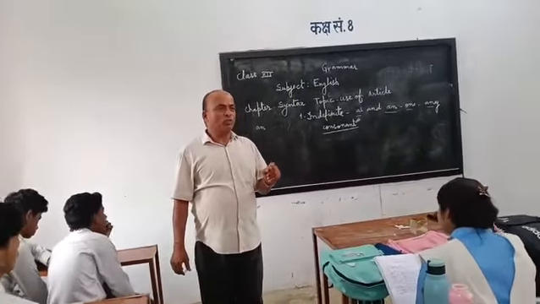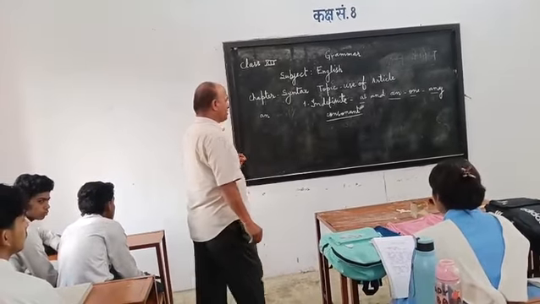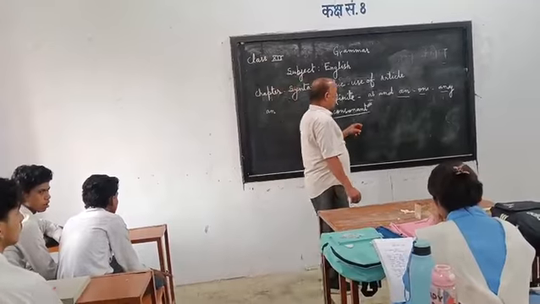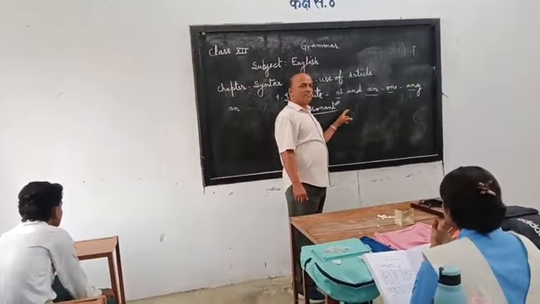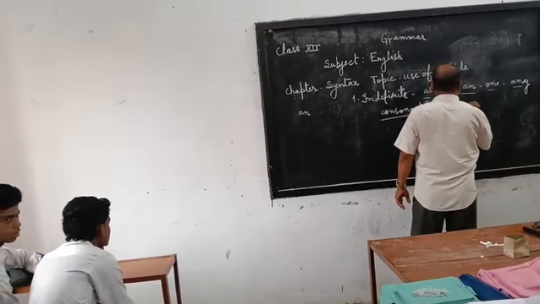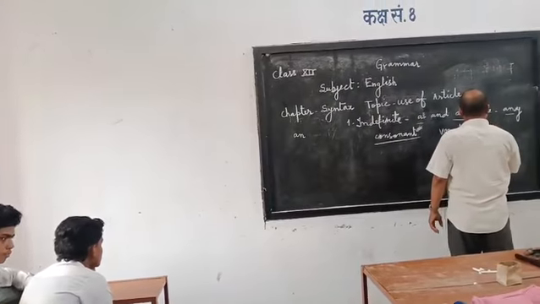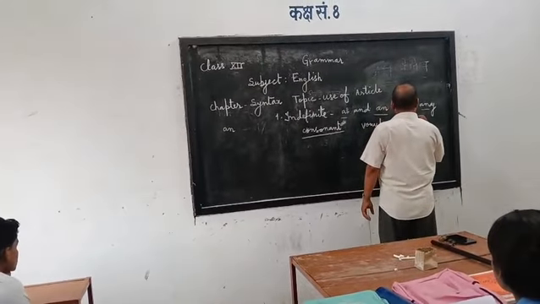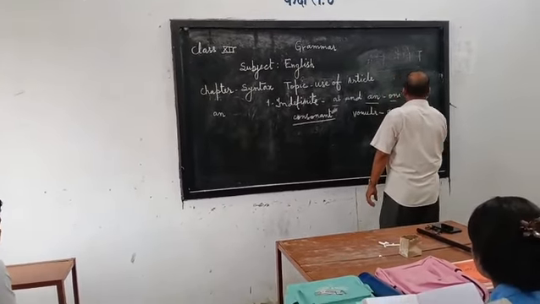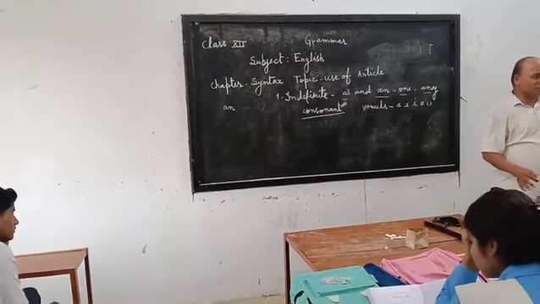there are two types of alphabets, vowel and consonant. If the word begins with a vowel, there are five vowels: A, E, I, O, U. The same process runs in Hindi also.